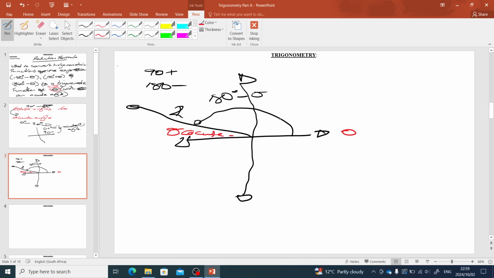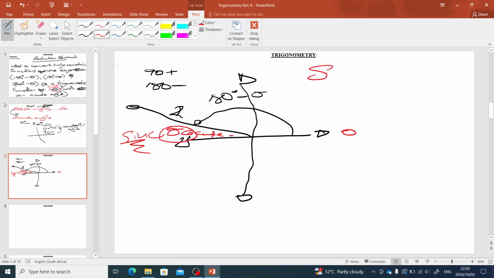Now on the second quad, we are having 180 minus, and this is the angle that we will be using. Now if it is sine, we know that the angle here is positive. Then the rest, they are negative.